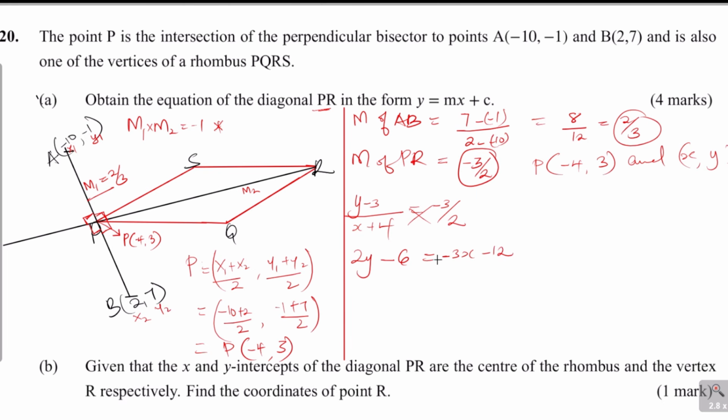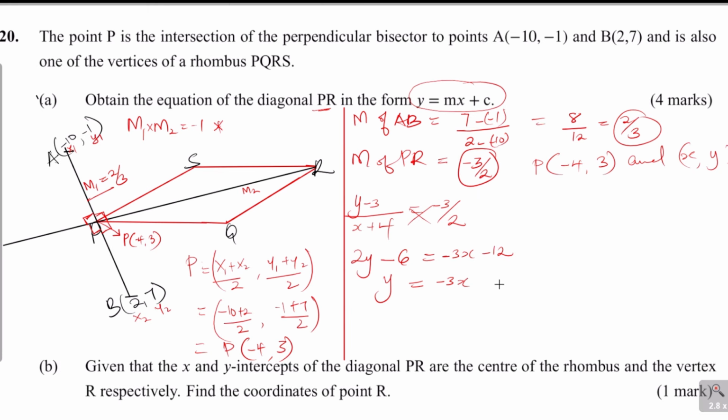So you want to organize that in the form y equals mx plus c. So you have 2y equals -3x, and then take these to the other side, which gives -12 plus 6, that will give -6.